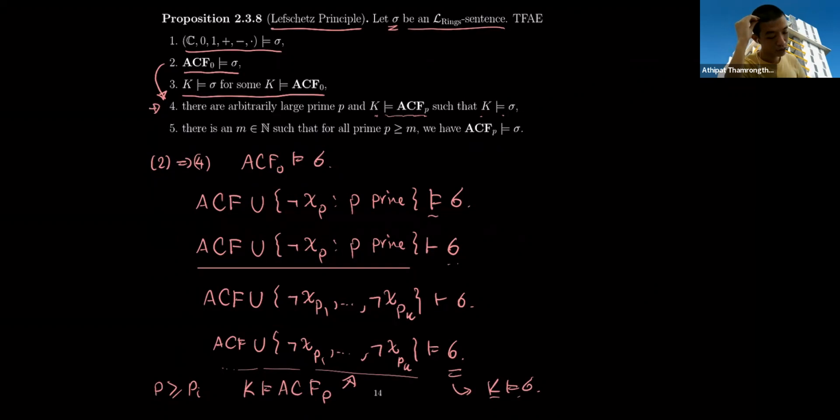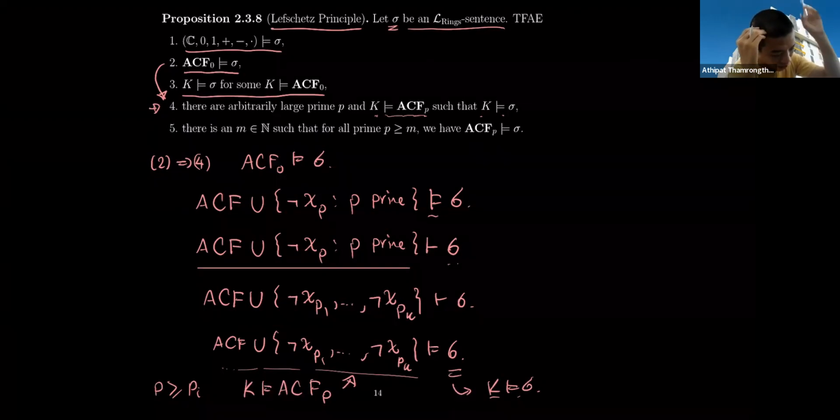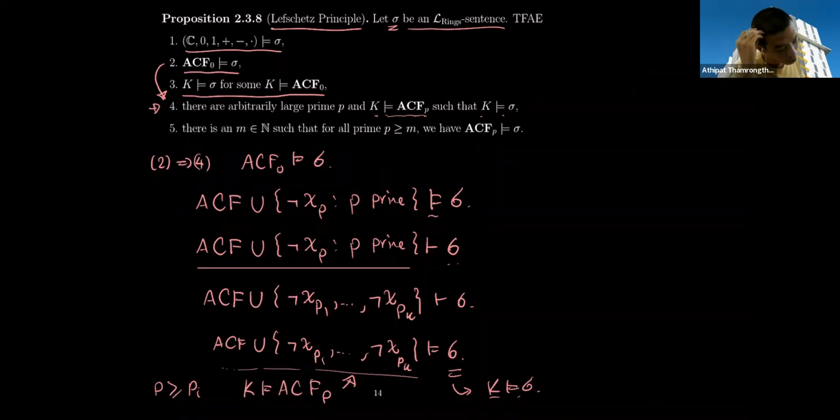Okay, so that is interesting: if you have an L-ring statement that holds in algebraically closed fields of characteristic 0, you can find arbitrarily large primes p and an algebraically closed field of characteristic p that also satisfies the same statement.